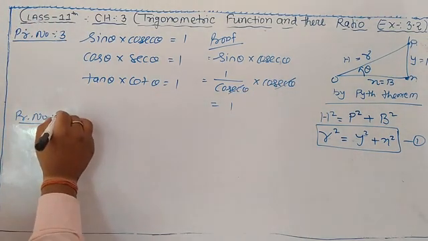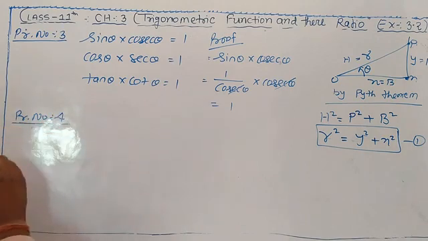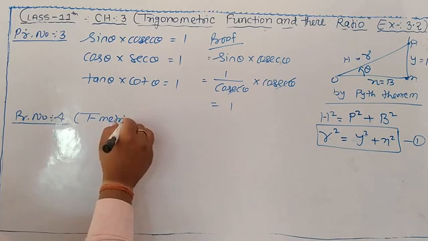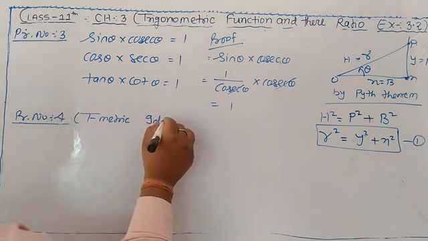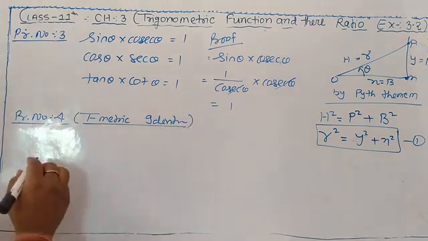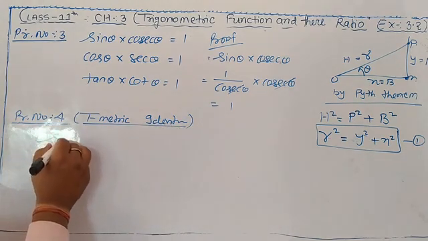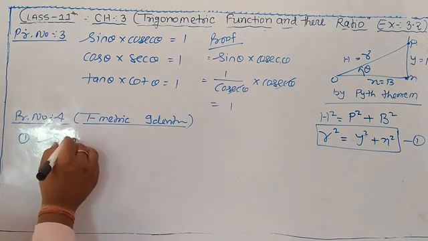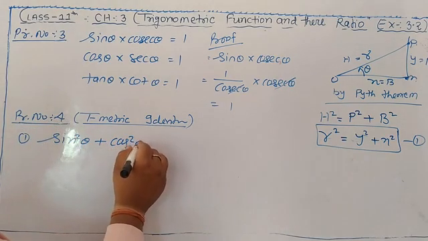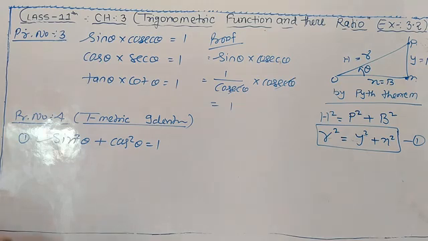Same, property number 4. Property number 4 is related to trigonometric identities. There are three trigonometrical identities. First, sin square theta plus cos square theta is equal to 1.